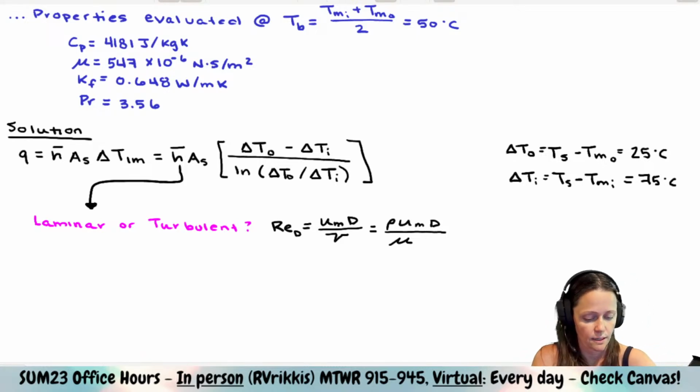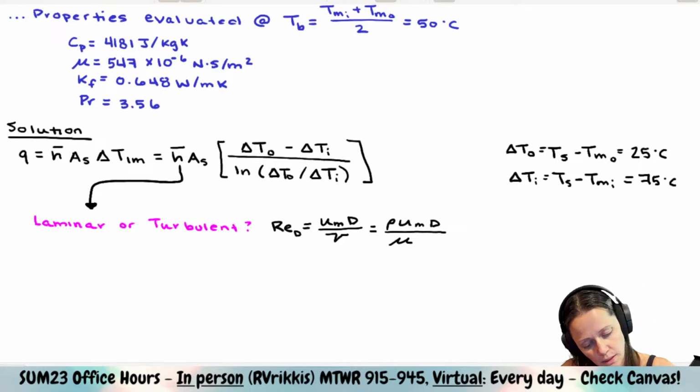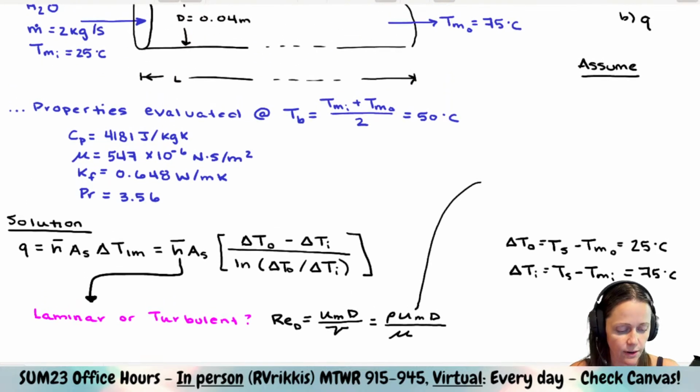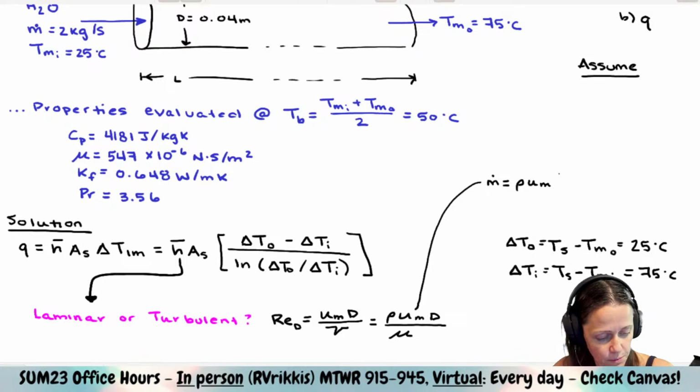And then I know I've got the mass flow rate. If I look at what I'm given here, I know what the mass flow rate is. So m dot is rho times U mean times my cross-sectional area, pi d squared over 4.